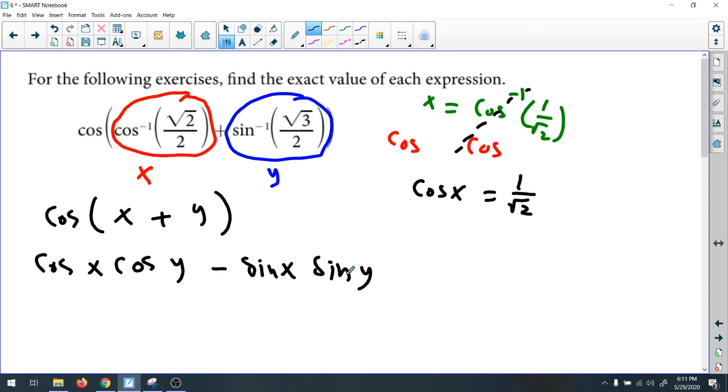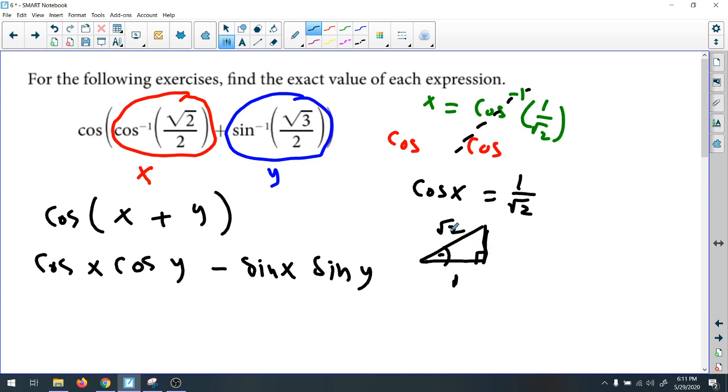To find the missing ratio, sine, because we got cosine and we need sine, you could apply the Pythagorean theorem or identities, sine squared plus cosine squared equals 1. You plug it in to find sine. Or you could do the Pythagorean theorem, super easy. So cosine of this angle is adjacent, which is 1, over hypotenuse, square root of 2.